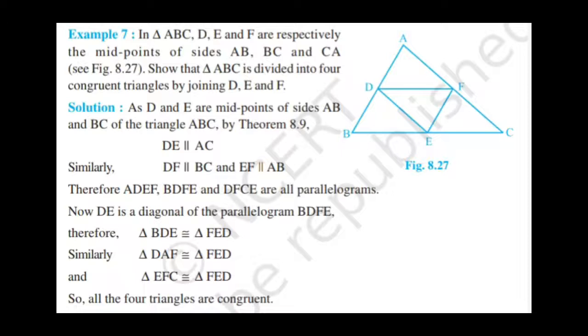If you join these midpoints D, E and F, you will get a triangle in the interior of ABC. That is the triangle DEF. We have to prove that these four triangles are congruent.